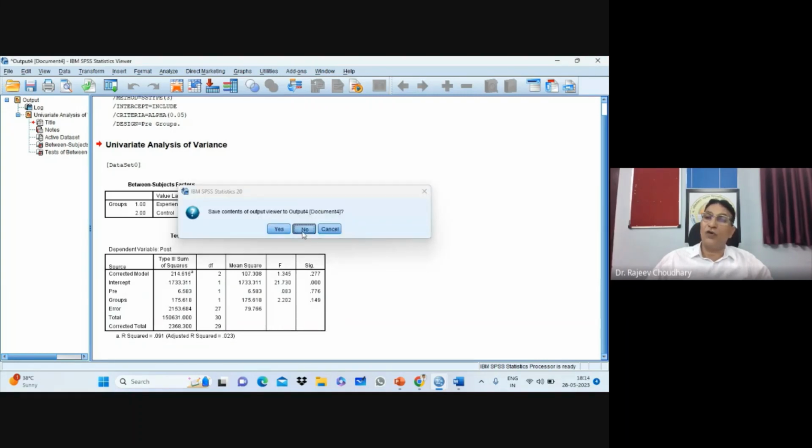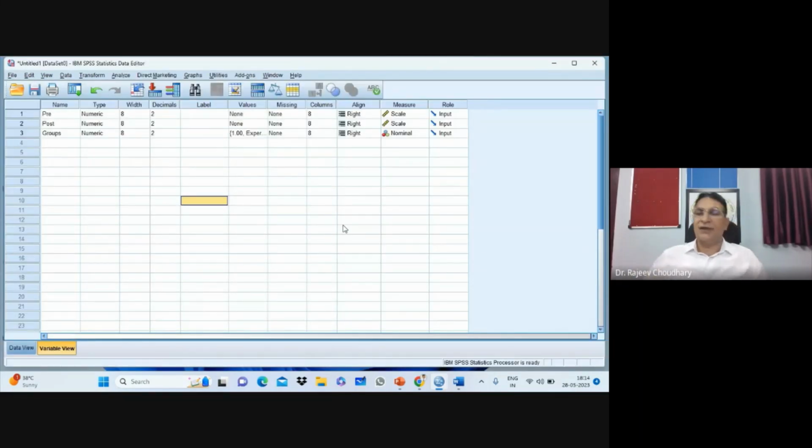Now, two more important points I will discuss, and these are very essential if you want to publish articles in reputed journals. Madam, suppose instead of this value, the F value is 10, what will you say?